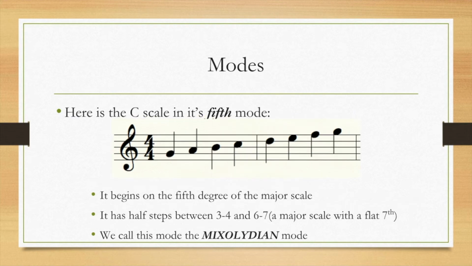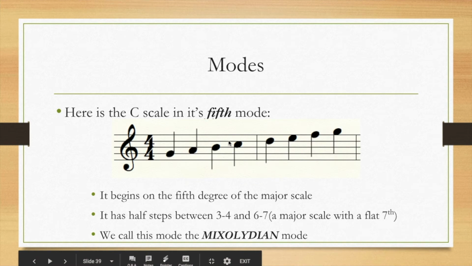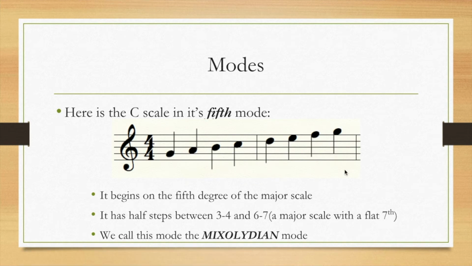Check this out. If you just started a C scale on its fifth tone, you have what we call Mixolydian, and that is simply a lowered seventh of a major scale. Listen. So it just sounds like a major scale with a lower seventh.